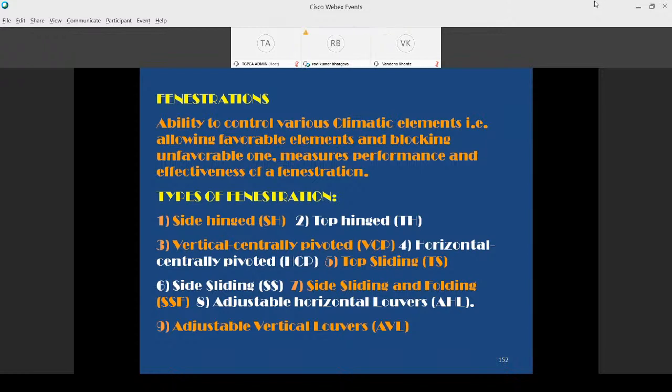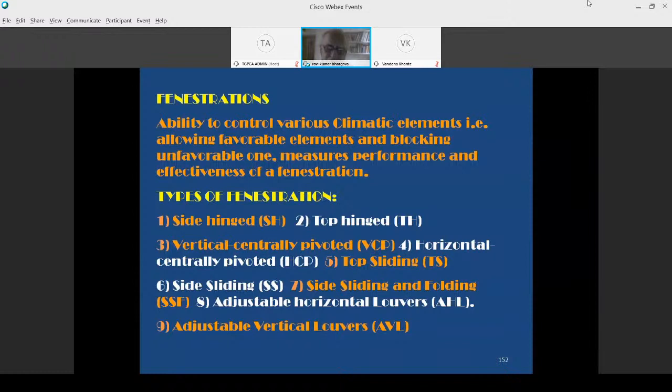controls, at any given time, most of the climatic elements, because this is what all of us experience. For example, we want ventilation, we want view, but we want to stop solar radiation. We want air movement at body level. We do not want rain to enter inside.